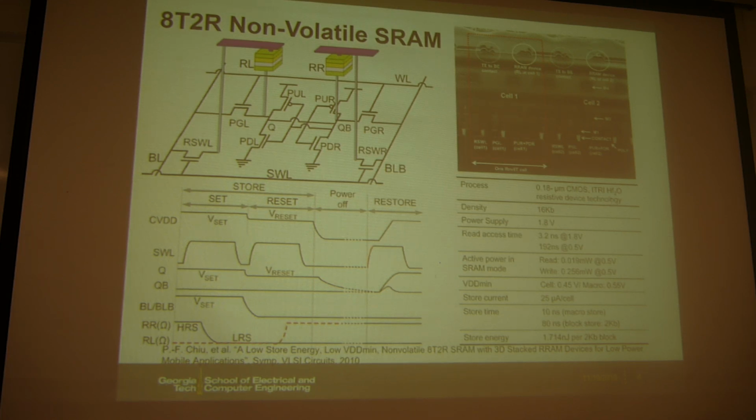Okay. So the way you use this one is that in the normal operation mode, you just want to have the SRAM function the same as before, so you don't apply any voltage to your SWL. So it's like those two resistors are floating. Then the connection is not there because they are floating.